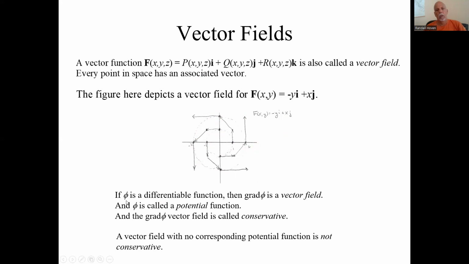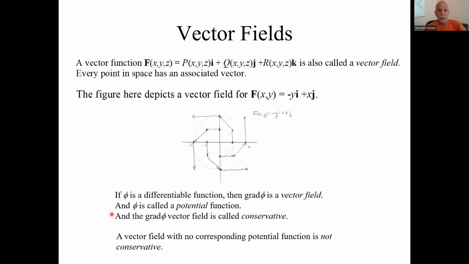If some function phi is differentiable, its gradient produces a vector field, or its gradient is a vector field, right? A gradient is a vector, and it came from taking the gradient of a scalar function. So gradient is a way to generate a vector field from a differentiable scalar function.